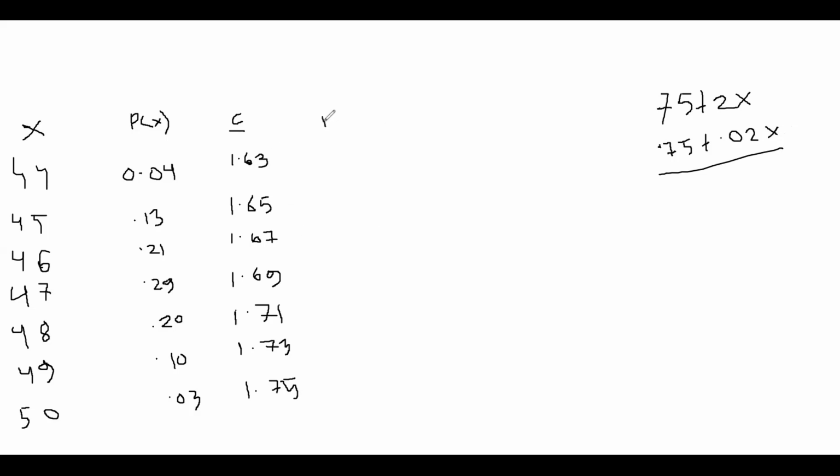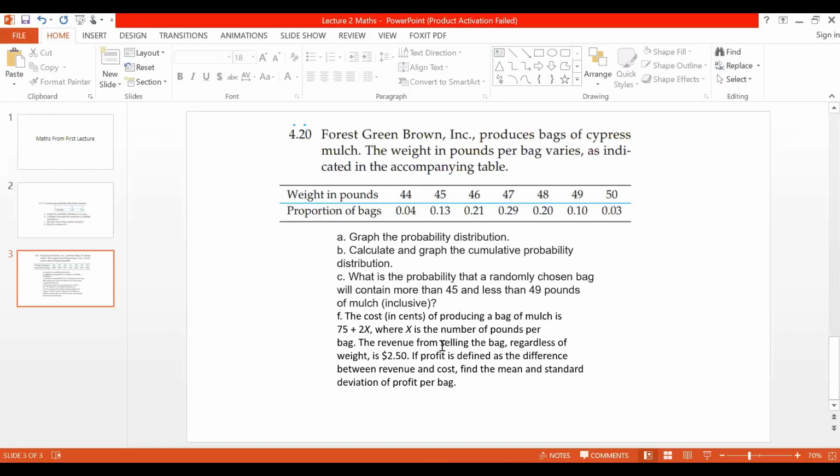Then I will create another column, revenue. I guess revenue is easy, so I will not write down all the revenues. It's just wasting so much time. It says the revenue from selling the bag, regardless of the weight, is 2.50. That means for all the bags, revenue is same, which is 2.50.